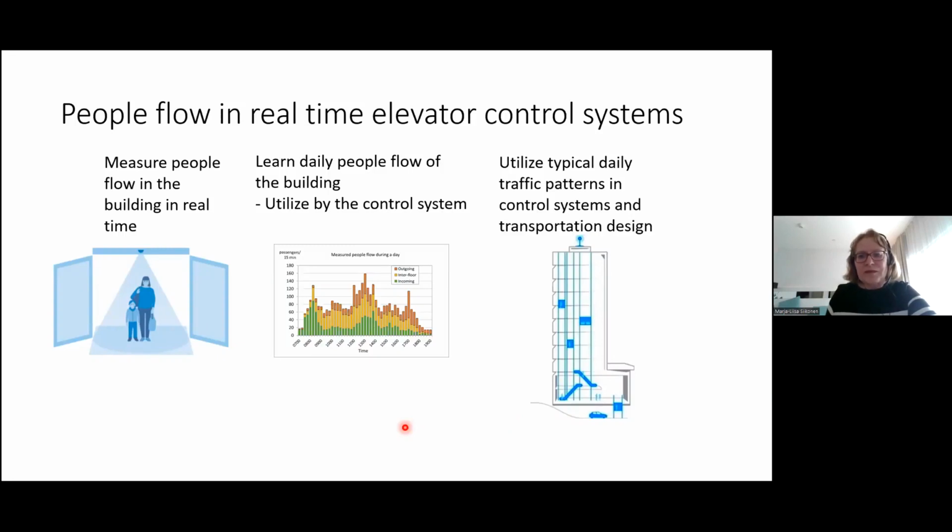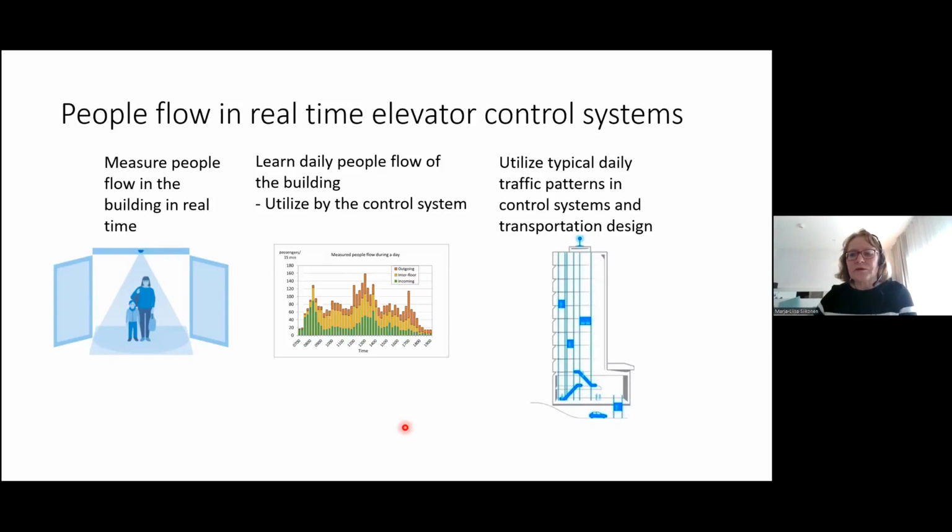We started to measure the daily people flow in buildings with control systems, and then utilize the learned data in the control to forecast future traffic patterns, and then make different control actions according to the future traffic.